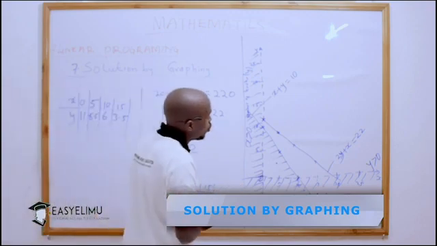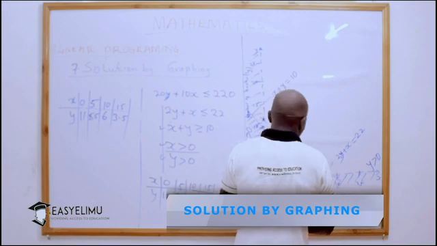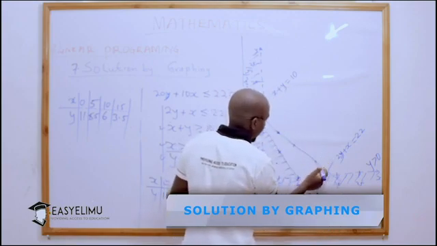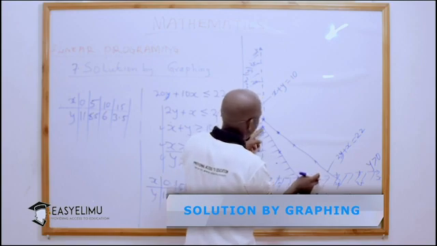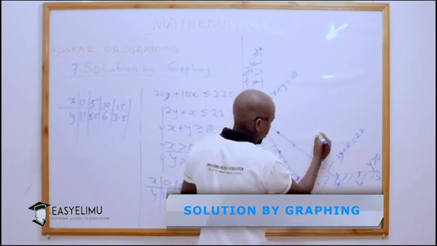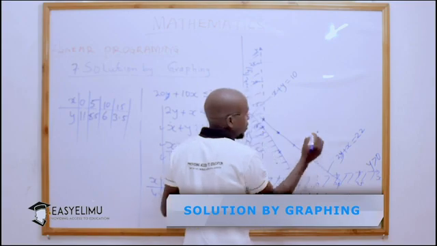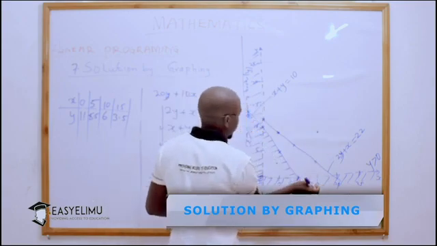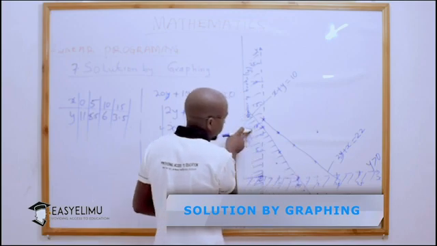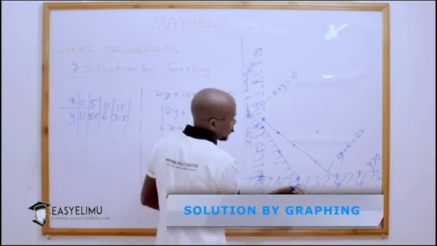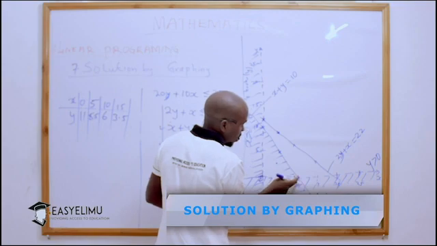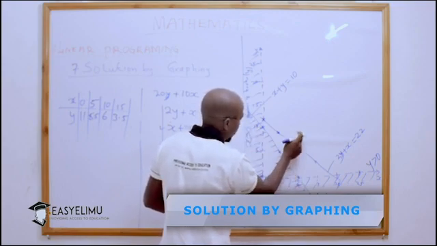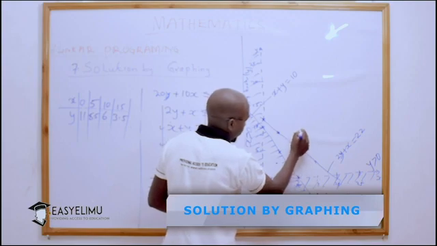What we will do, we shall select one of the points. For example, let's take a point above here, or let's just even take a simpler point, x be 10 and y also be 10, so a point here.